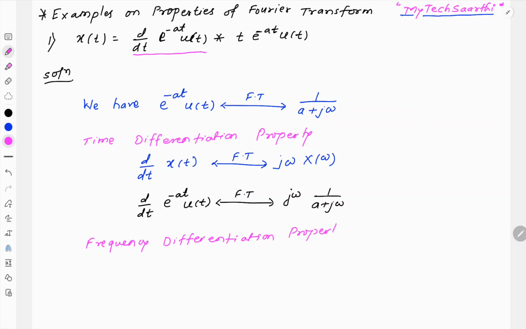This property says that if we have t into x of t, in this case we get the frequency domain representation as j into d by d omega of x of omega.